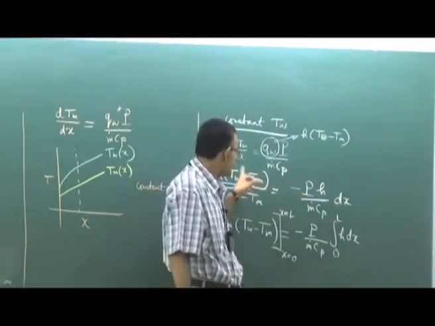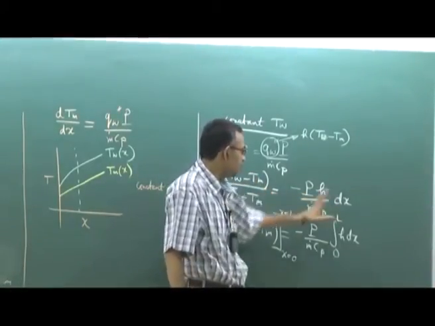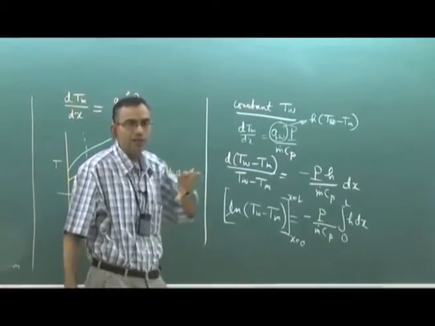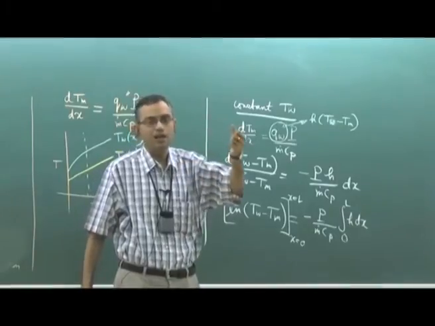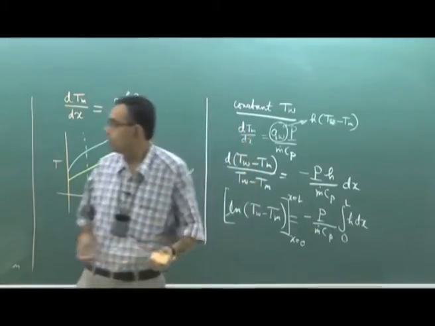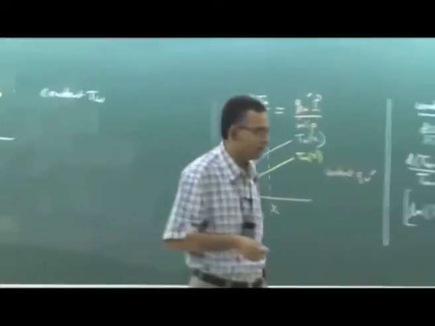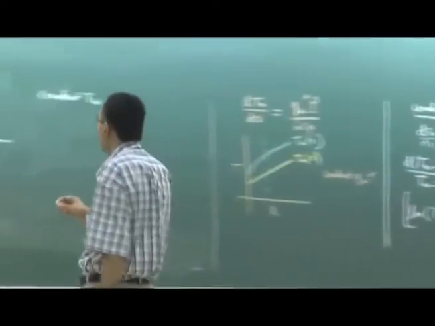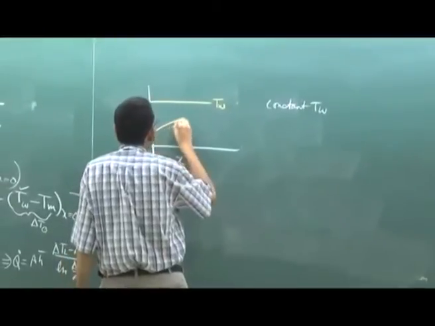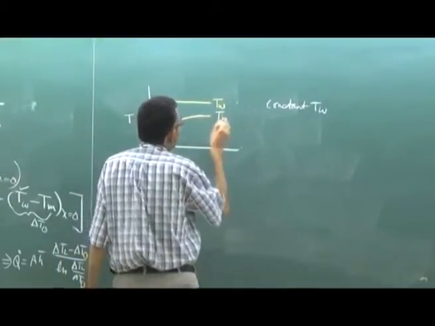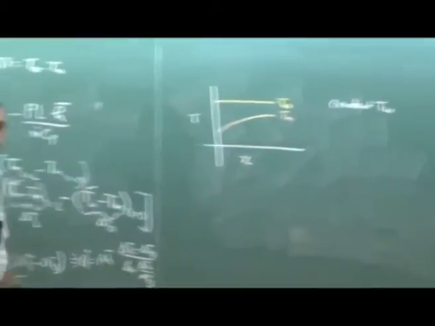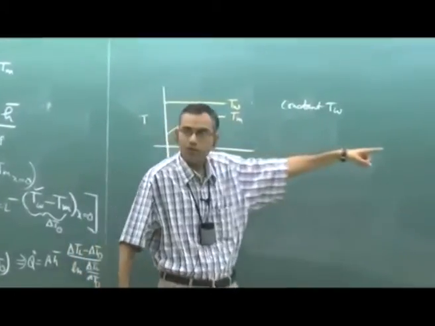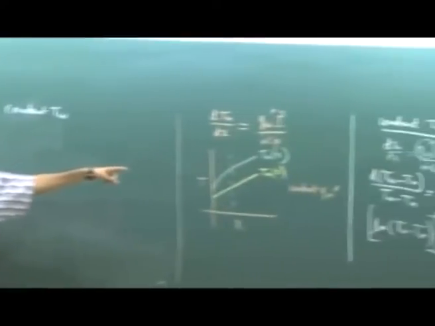So Tm has an exponential variation with x. So for constant wall temperature, assuming that the wall is heating the fluid, this is Tm as a function of x. This is an exponential curve. Why an exponential curve? You can see from the analytical expression.